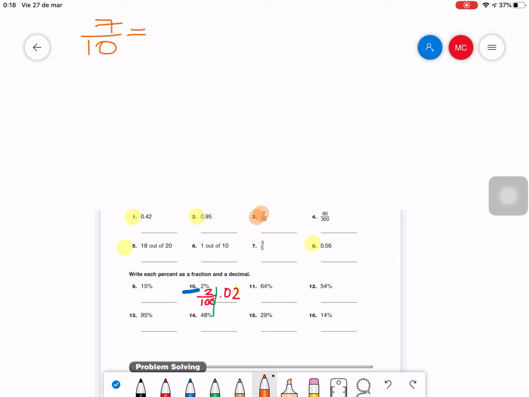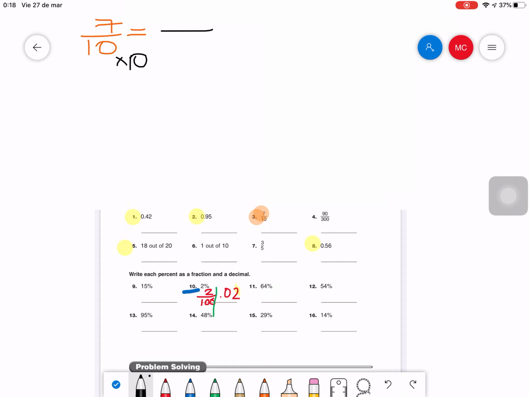If I want to multiply 10 by another number to make it 100, I know that 10 times 10 gives me 100. Remember, our goal is to change that fraction into an equivalent fraction in which the denominator is 100.